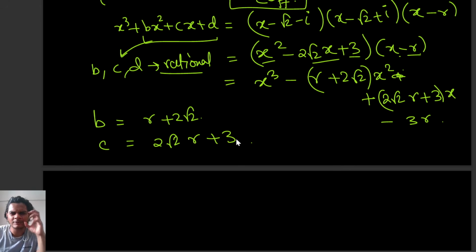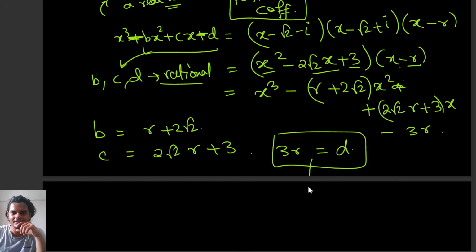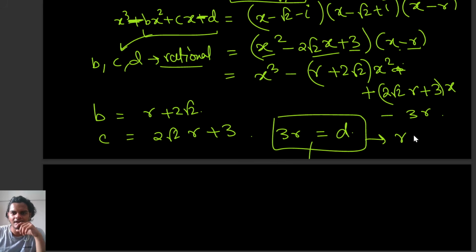So is this sitting together? And 3r has to be d. Here it gives me that r is equal to d by 3. So r has to be rational.